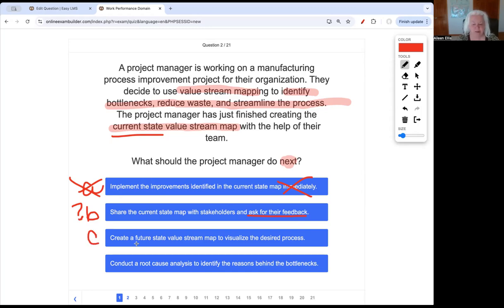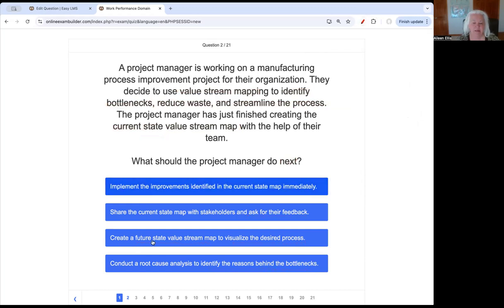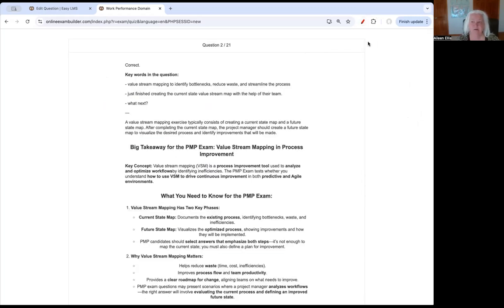C, conduct a future state value stream map to visualize the desired process. C is better than B. Let's go to D. Conduct a root cause analysis to identify the reasons behind the bottlenecks. Yes, we want to do D, but it's not what we're going to do next. I'm going to click on C.